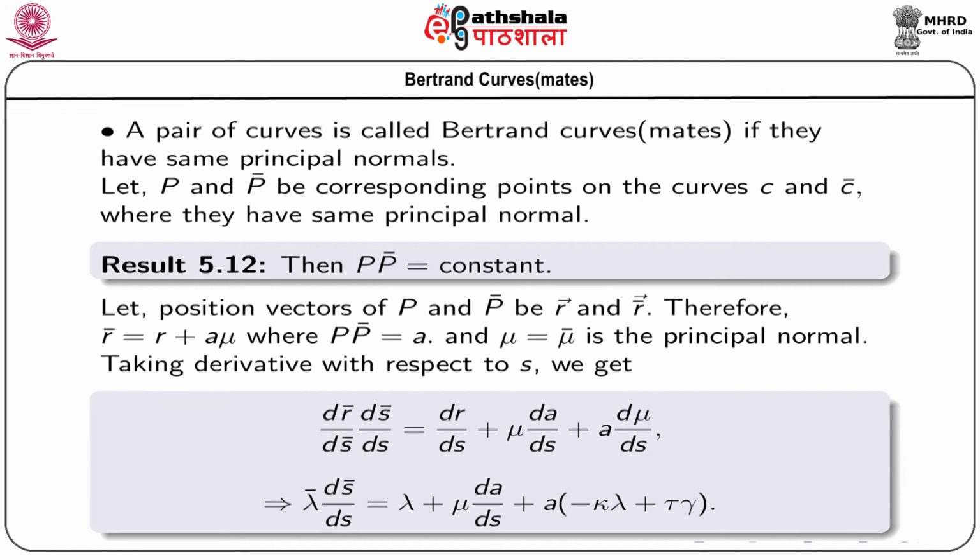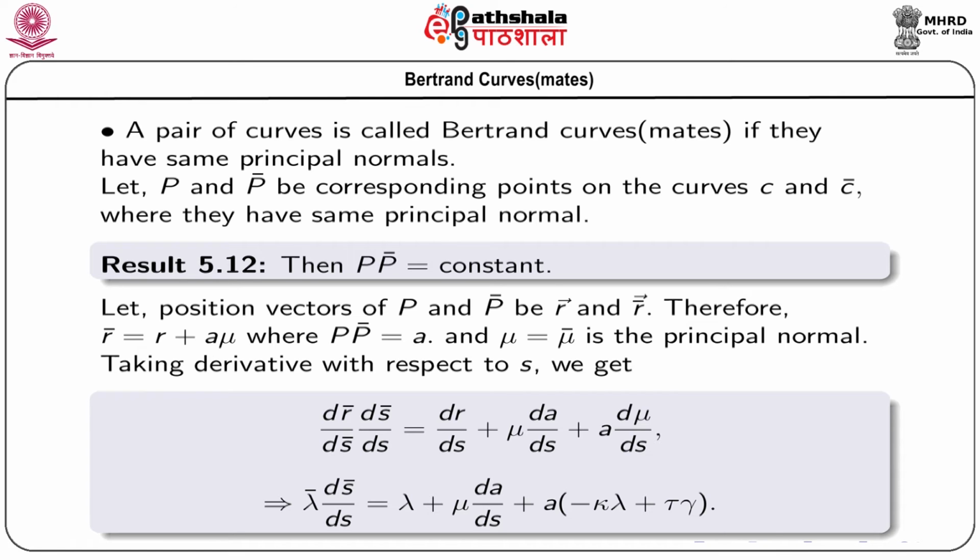Now, taking the derivative with respect to s, we get dr bar/ds bar times ds bar/ds equals dr/ds plus mu dA/ds plus a d mu/ds.